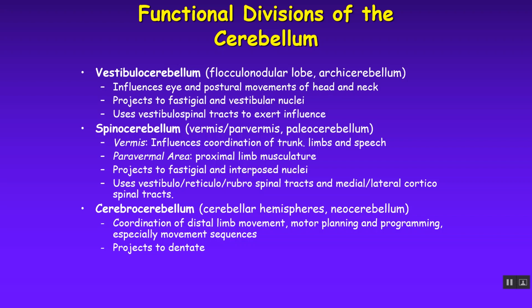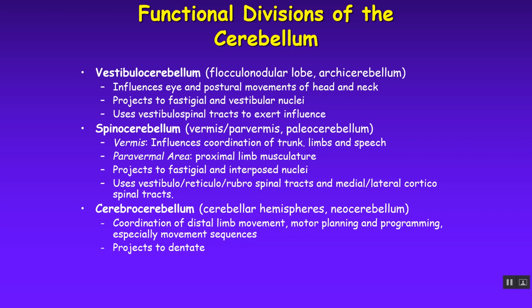Okay, so the Purkinje cells in the cortex of the vestibulocerebellum project to the fastigial nuclei, which are those deep cerebellar nuclei, and also the vestibular nuclei. The vestibular nuclei are almost like pseudo deep cerebellar nuclei.